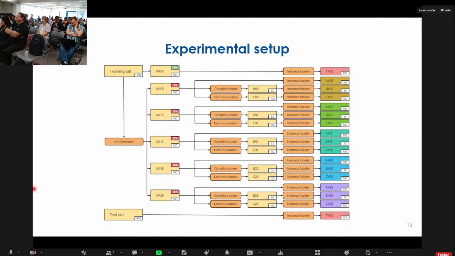For the data imputation, we have 100% because we impute the data with the median, so we didn't ignore the null values. The instance level is the module that has the best heuristic for each one of the instances. And at the end, the test set is what we use for the test part of our model.